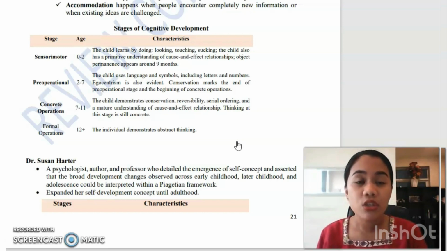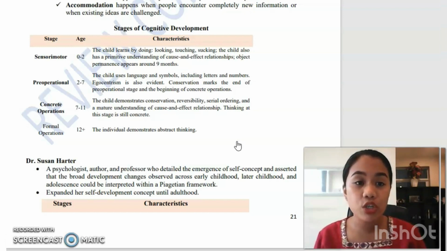That is why the child discovers the meaning when you say no, because it's yayay. So that is what develops in the child during the sensory motor stage.